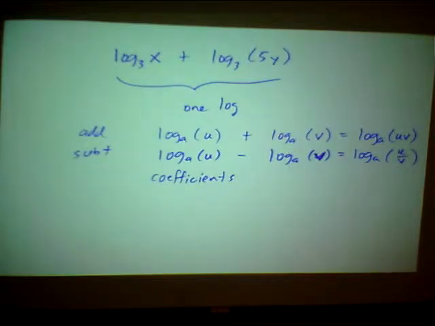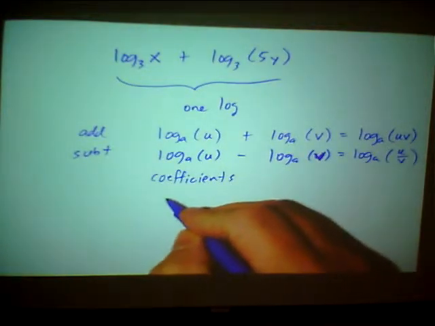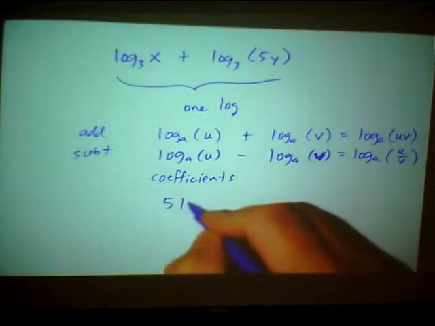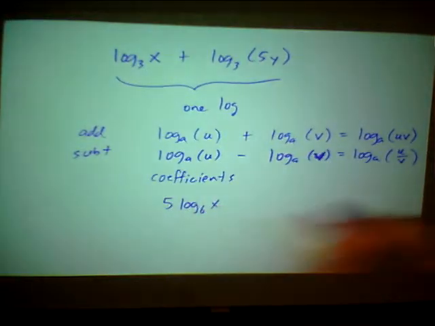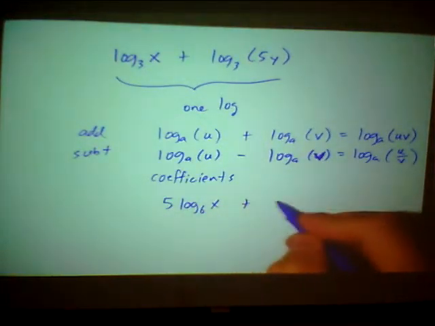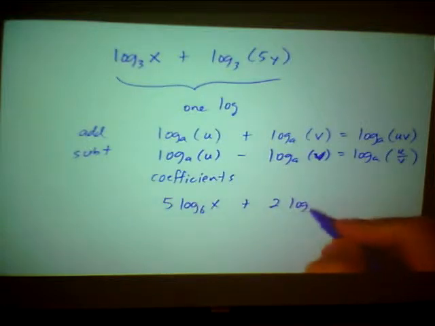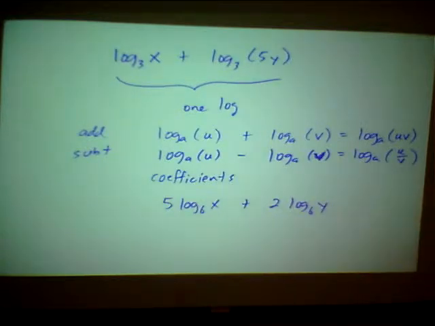So for instance, in a little bit, we want to solve problems like this. 5 log base 6 of x plus 2 log base 6 of y. You notice I'm adding two log terms, and they have the same base, but now I have coefficients in front of my log terms. The first log term has a coefficient of 5, and the second log term has a coefficient of 2.